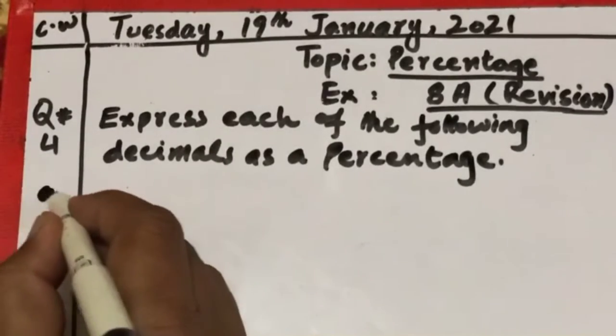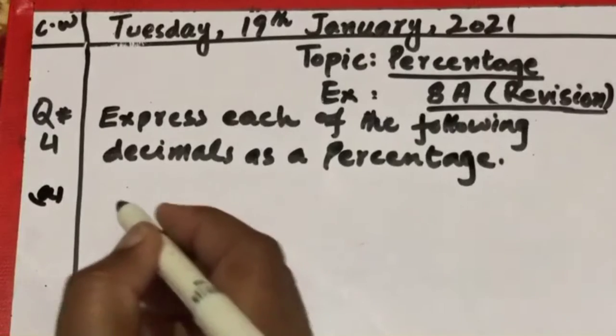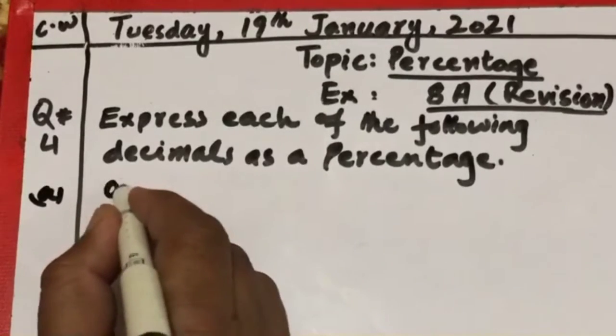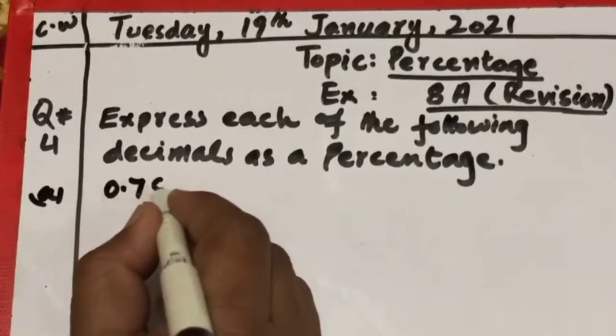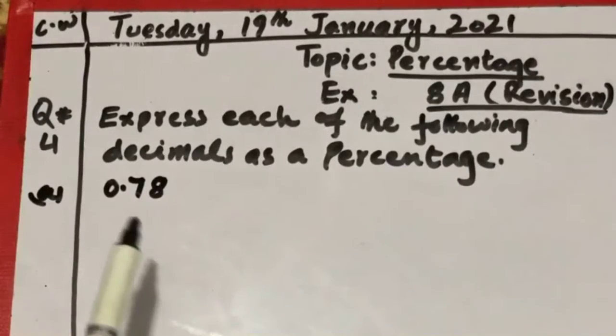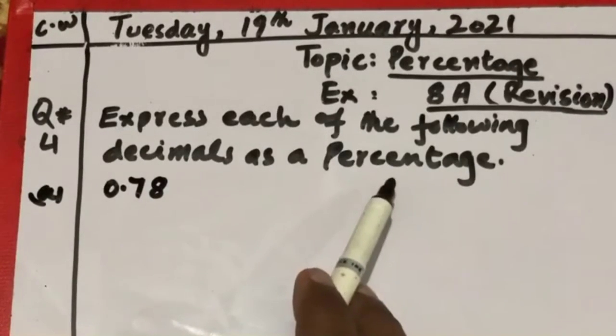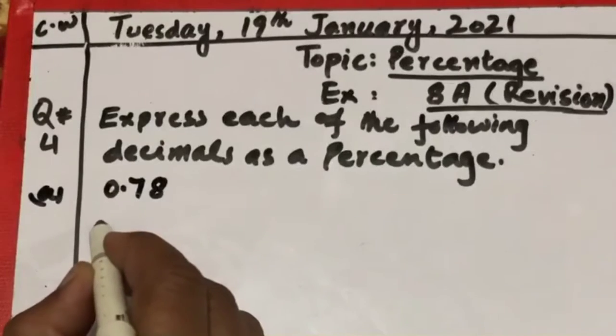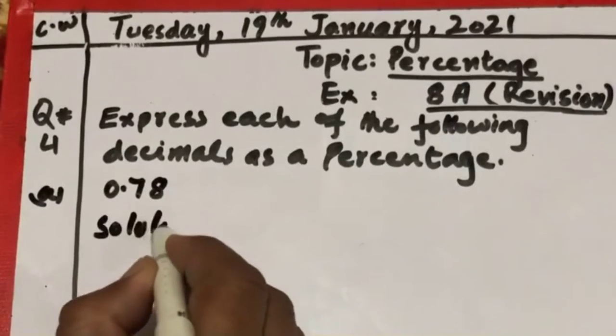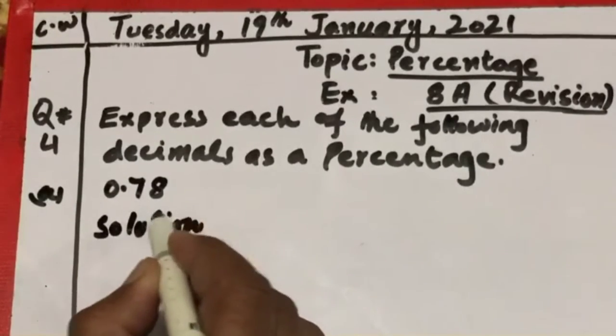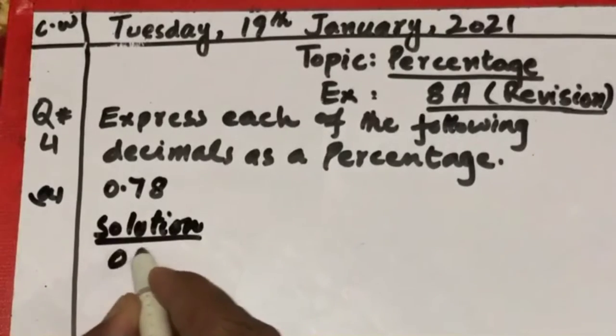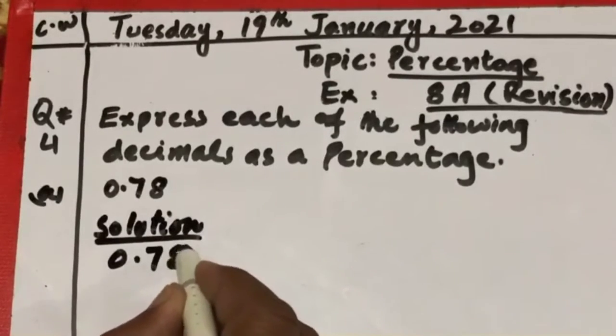The first part of question number 4, part A, the decimal number given is 0.78. We have to convert it into the percentage. So in solution, we will write the decimal number again, 0.78.